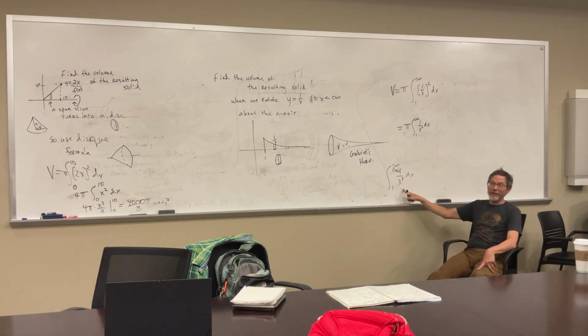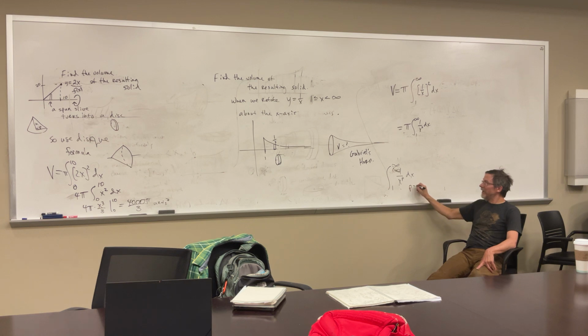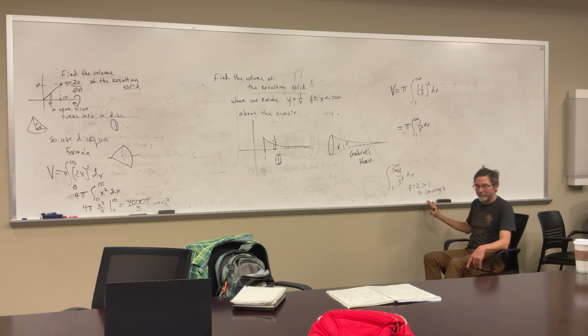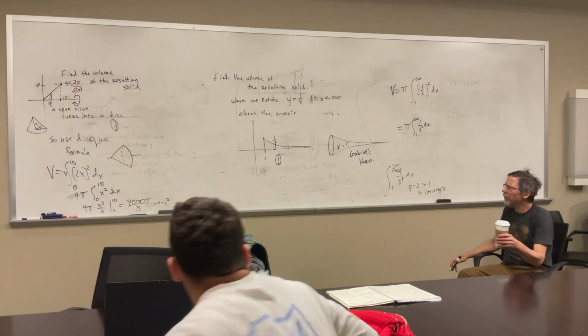Looks like this. What's our p? This integral, 2. Yep. And that is bigger than 1, so this integral converges. So we're good. We know that we expect a finite value. A little sanity check, going back to some of the ideas we've been talking about.